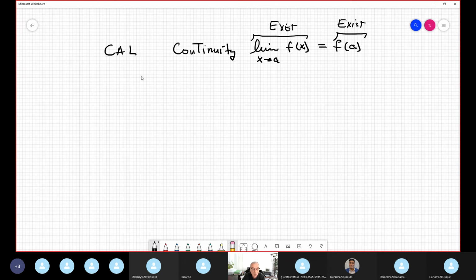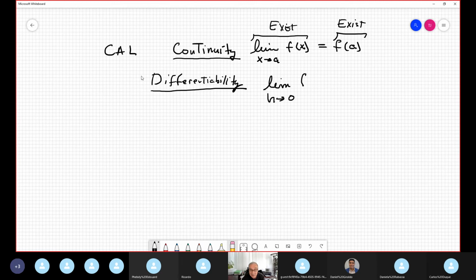This is continuity. And differentiability is a more sophisticated concept than continuity, because we have more conditions than the limit existing.